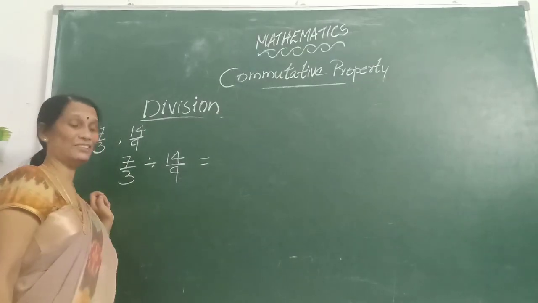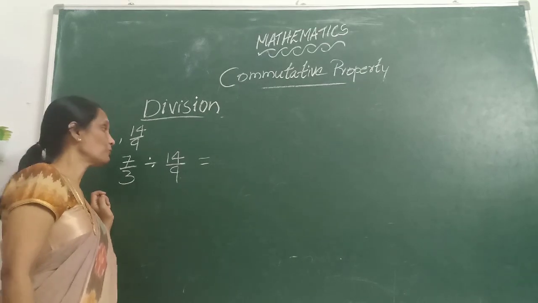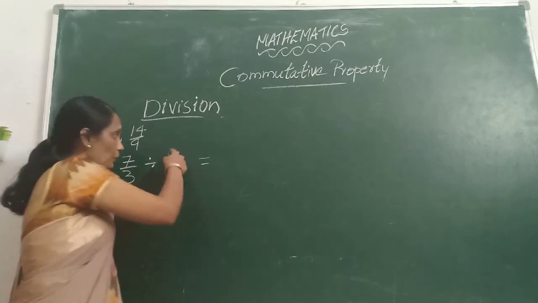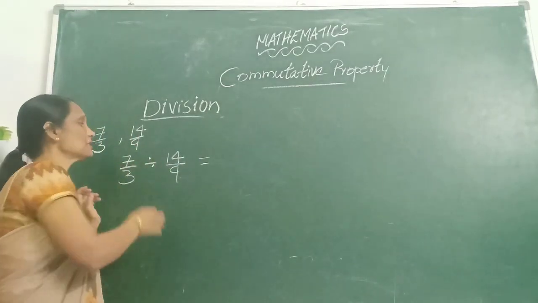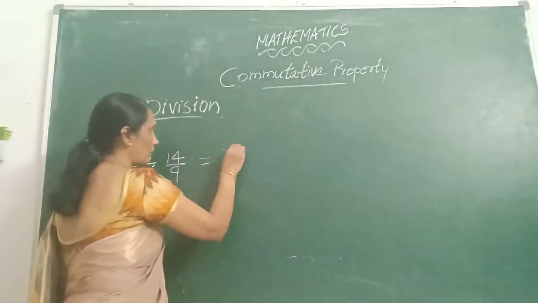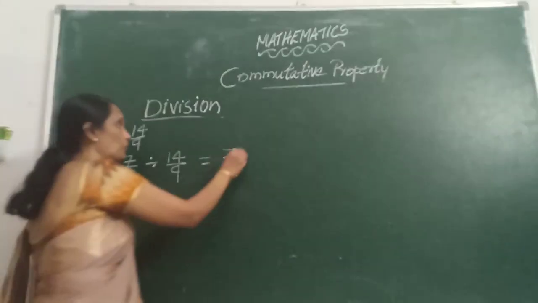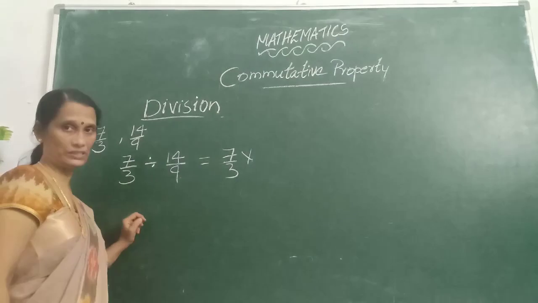Do you remember the division of rational numbers? How to do it? We have to take the inverse, or reciprocal, of 14 by 9 and multiply with 7 by 3. Instead of division, we will do multiplication by taking the multiplicative inverse.